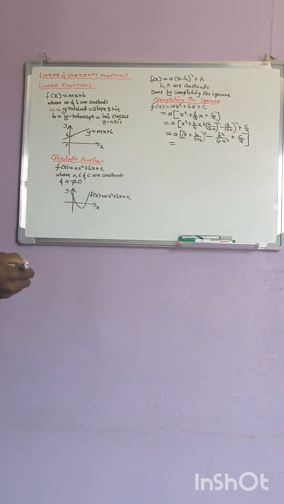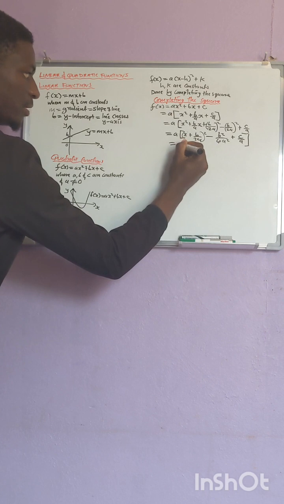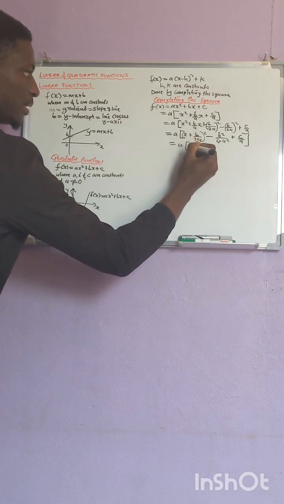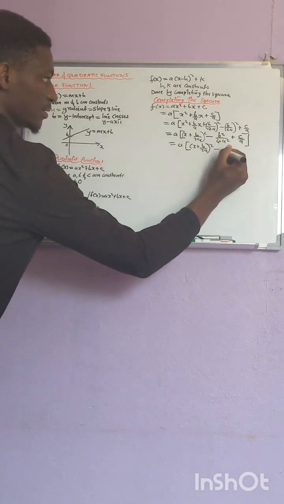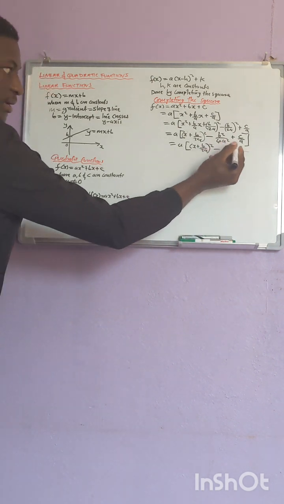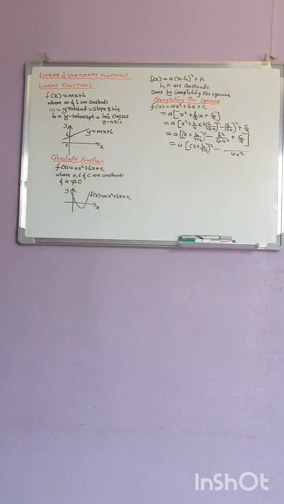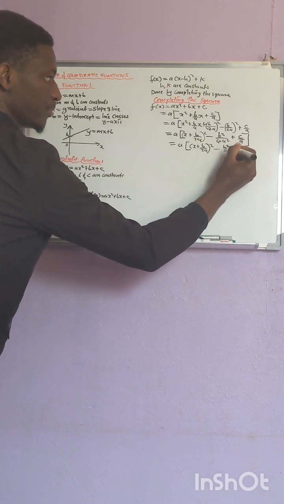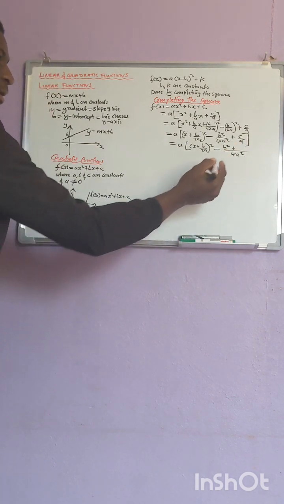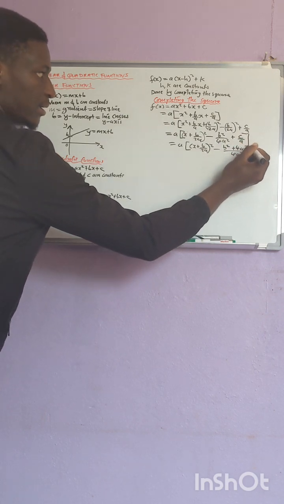Then we simplify. We have a times x plus b over 2a, squared, minus. The common denominator is 4a squared. So we have negative b squared plus 4ac, over 4a squared.